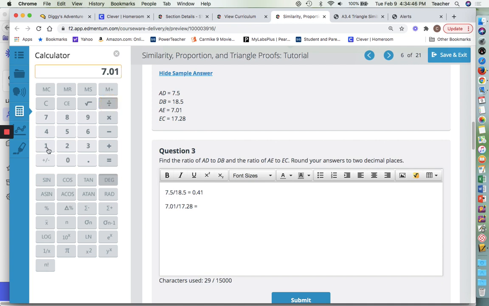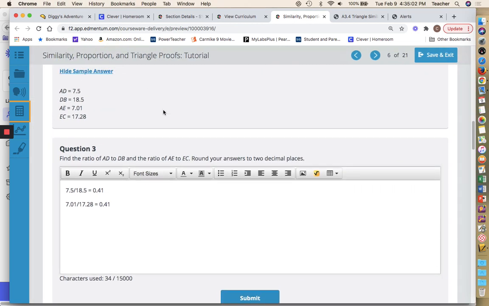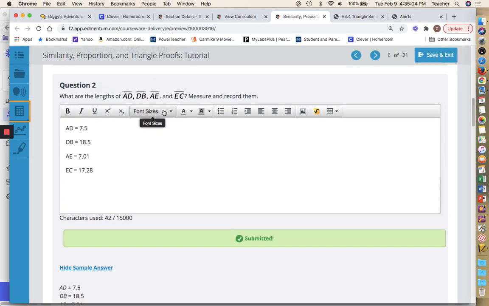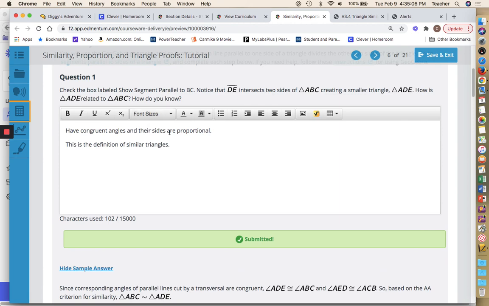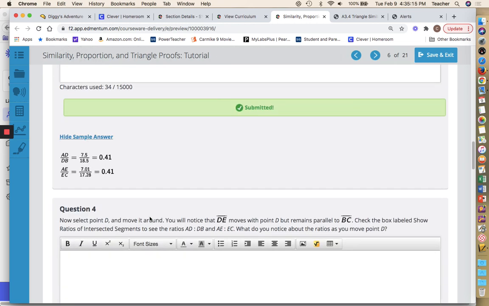All right, so also a 0.41 to 2 decimal places. So like I said, the sides are proportional. I set it up here in question 1. The sides are proportional, which means they come out to be the same proportion. I got 0.41 on both, rounded to 2 decimal places.